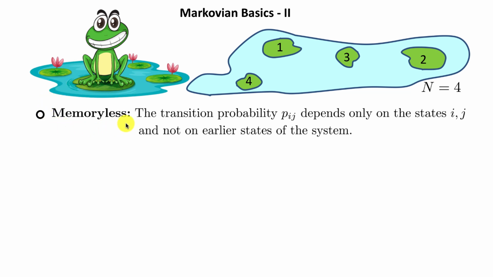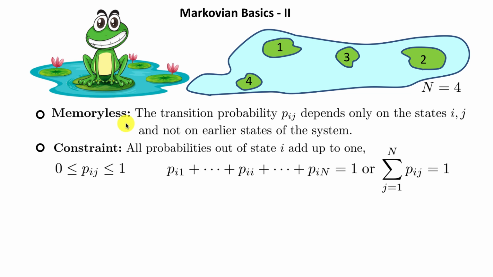What is it that we can say about these probabilities? Well, the first thing is that all the probabilities out of any state, i, must add up to 1. And of course, each probability, so the probability of jumping from i to j has to be less than or equal to 1, and it has to be positive.